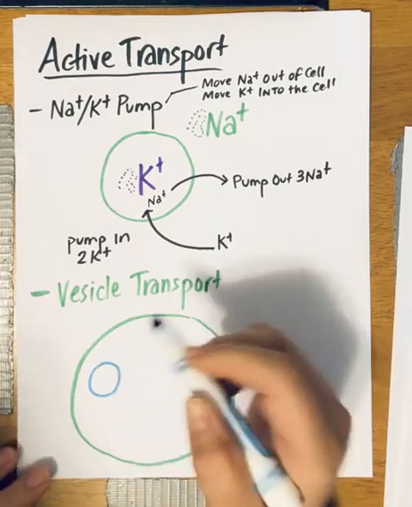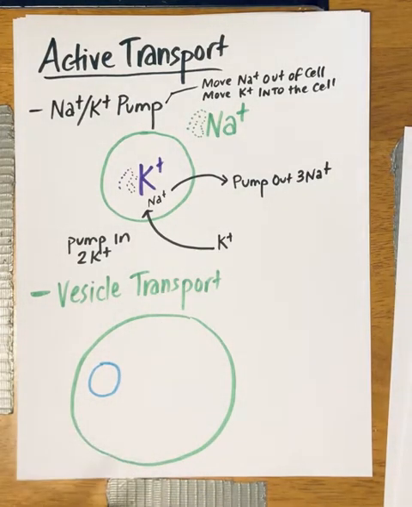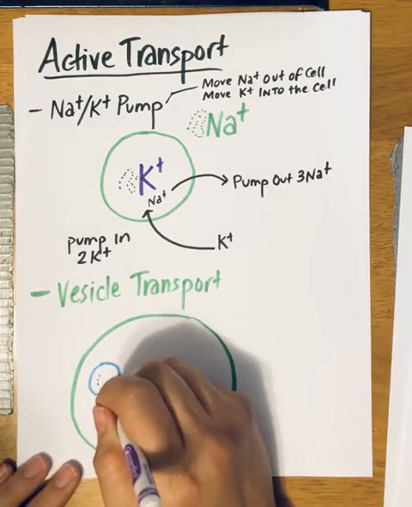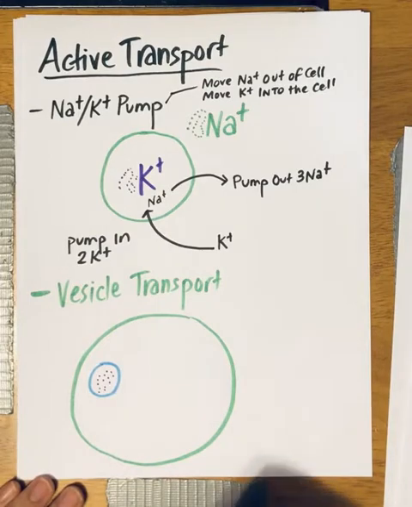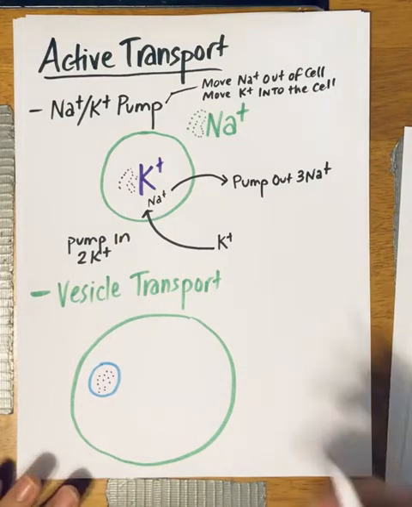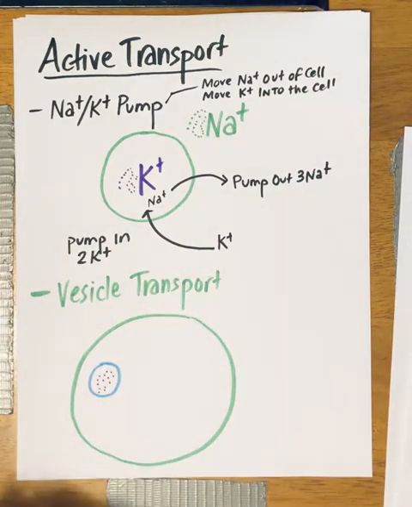A vesicle is a little membrane-bound sac, and inside of the vesicle, it's going to carry substances. A vesicle is literally a little sac inside of the cell that transports substances across the cell.